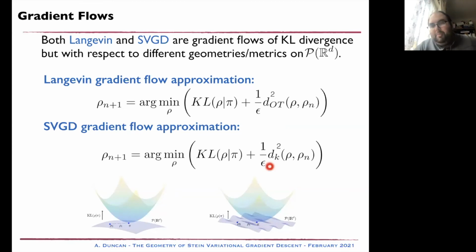But in the SVGD case, we have something which is d_k, and d_k I'll present in a bit. It's what we call Stein geometry. So it's a different geometry, and these are two different flows. They're optimizing the same loss function, but in some sense, the directions in which you can move to optimize are different. And so that will give rise to different trajectories.